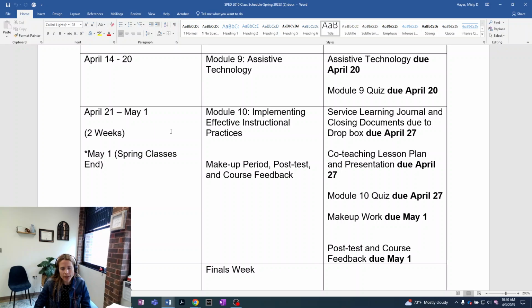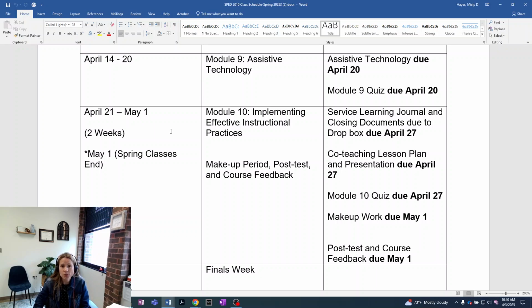The closing documents are going to either be emailed to me or sent in actual mail. I have emailed everyone with the address of where it needs to go if they're mailing it out, or what email address I want you to send it to. And the mentor teacher will be doing this. You do not submit it.